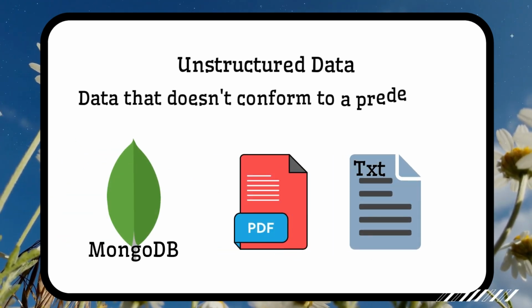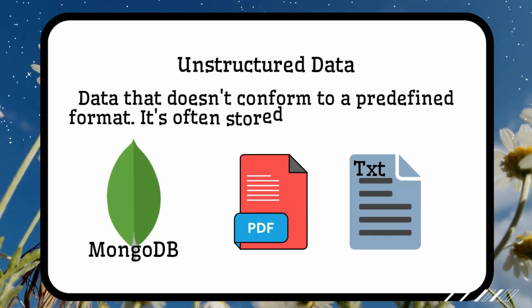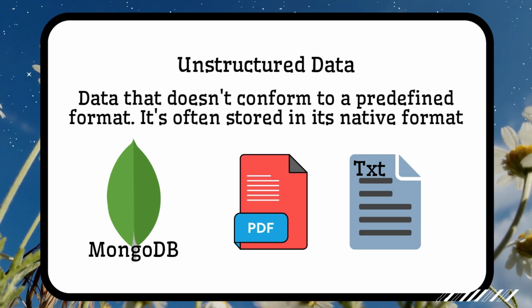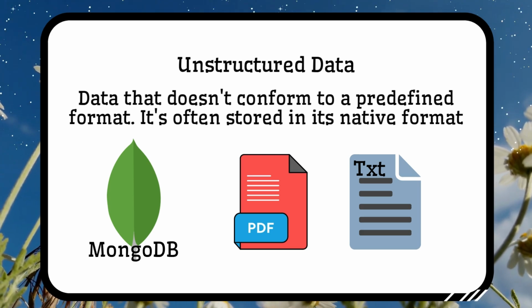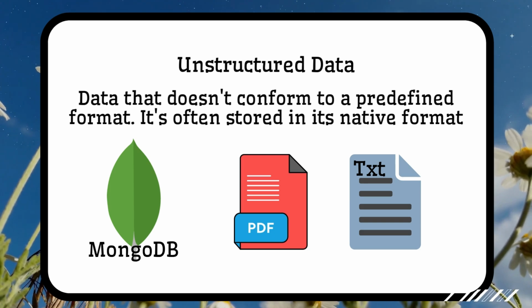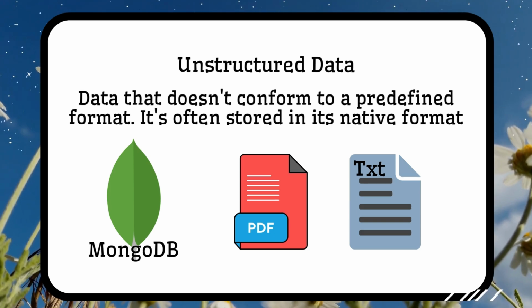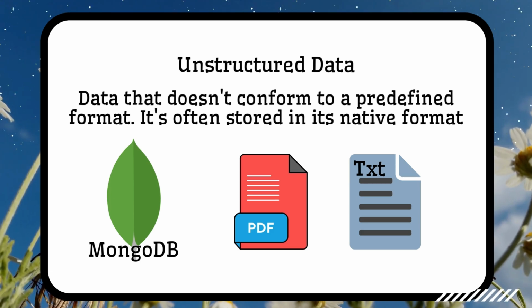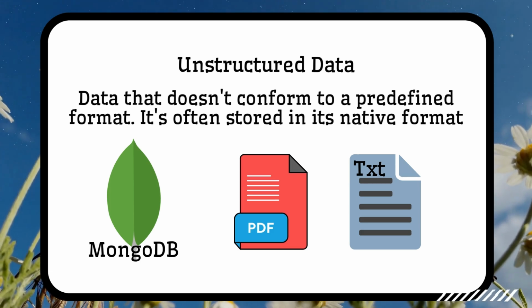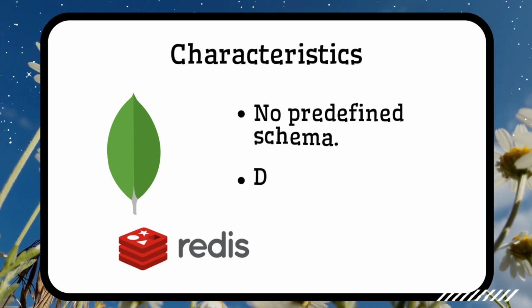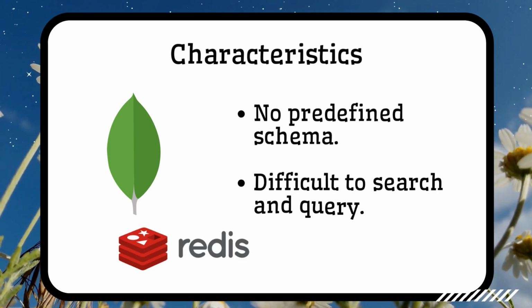Data that doesn't conform to a predefined format is called unstructured data. It's often stored in its native format, making it difficult to analyze directly. The characteristics of unstructured data are no predefined schema and difficult to search and query.